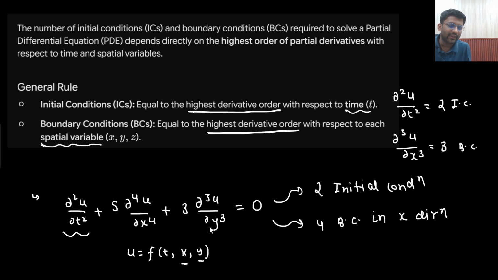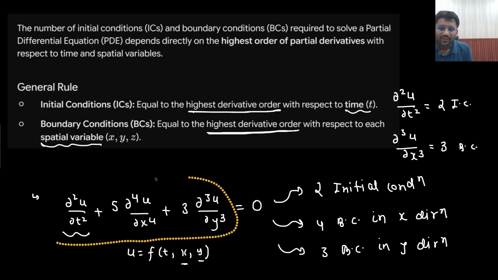And with respect to y, it has been differentiated 3 times. So, 3 boundary conditions in the y direction. This would be the answer. So a total of 7 boundary conditions and 2 initial conditions would be required. Is that understandable to you? Okay.